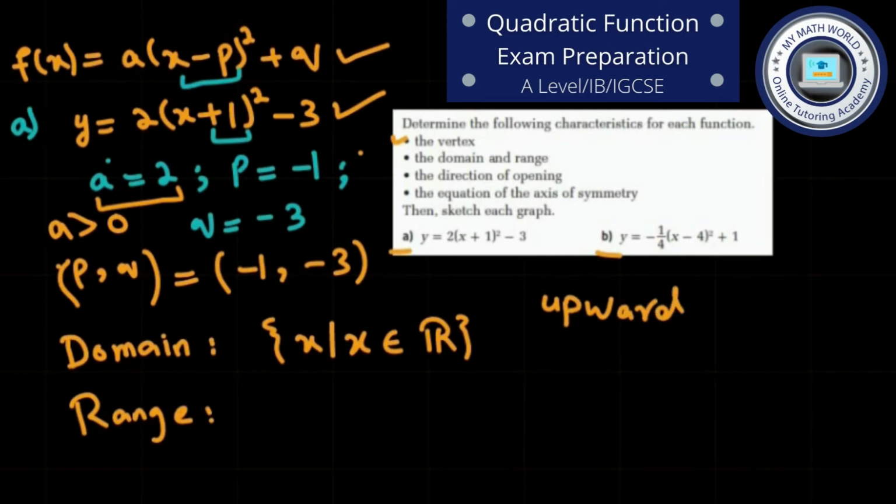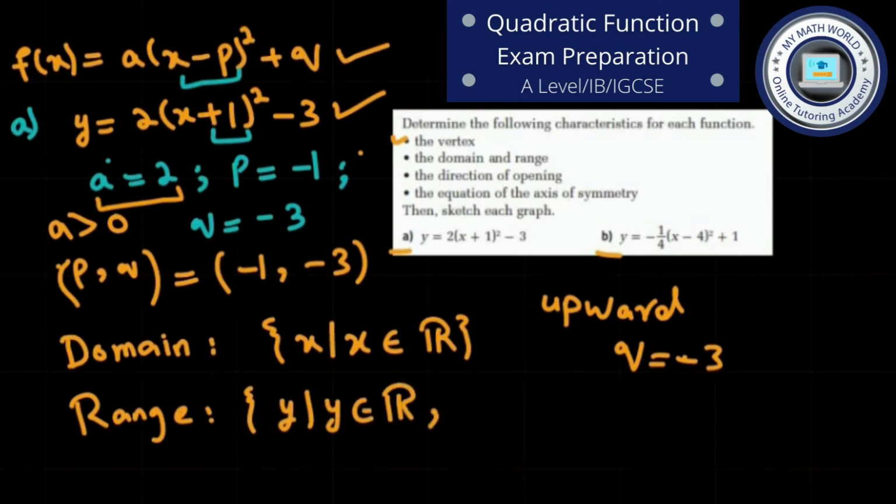Graph would be opening upward, and value of q is minus 3. That means range would be, since it's the output, so that means y, such that y belongs to R, because it's a real number.